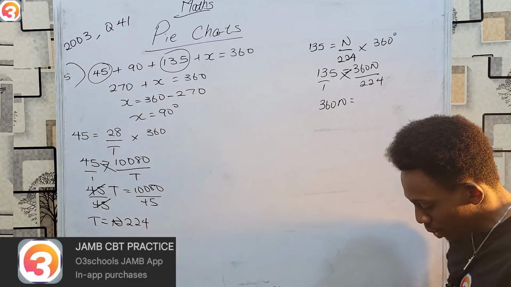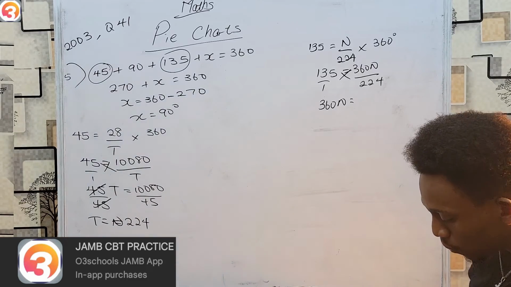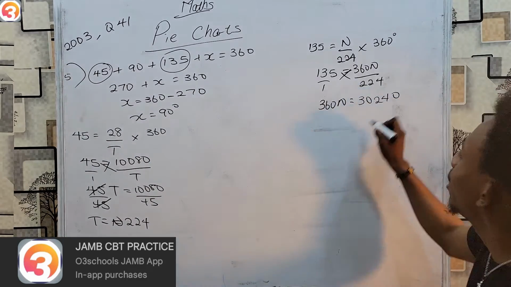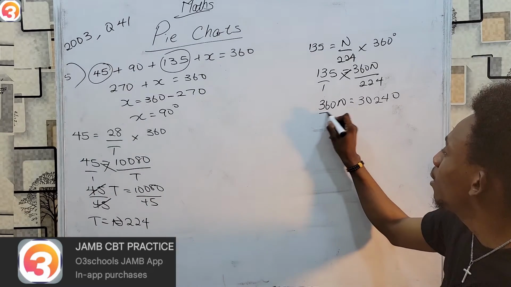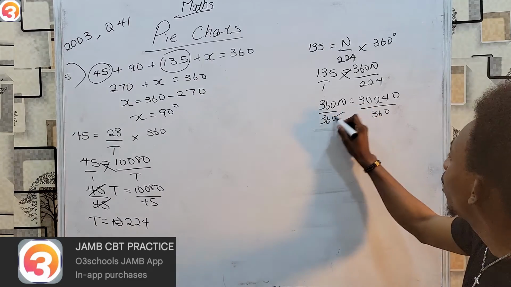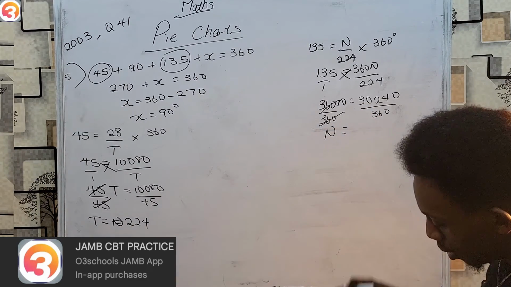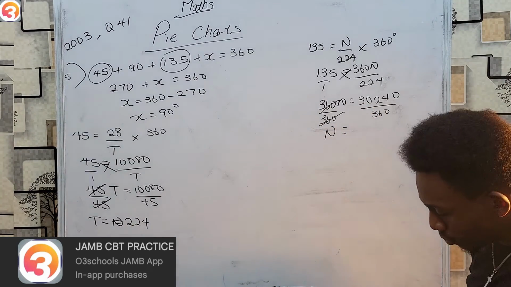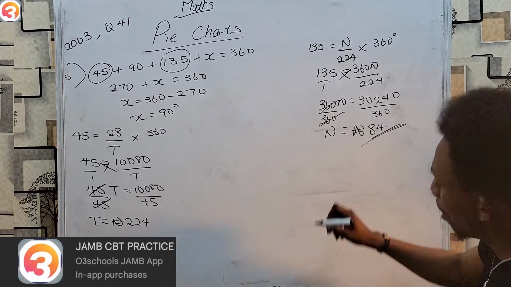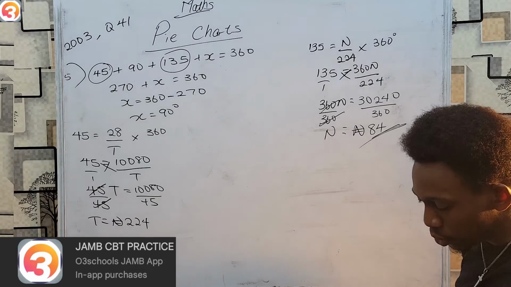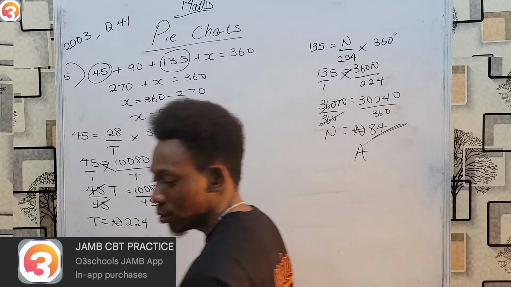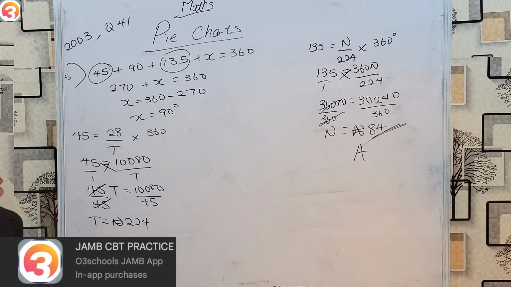Then I'll be having 135 times 224, giving me 30,240. And to find N, obviously, over 360, over 360. N would be 84 naira. Which when I check my options, yes, that is option A. So I hope we get this.